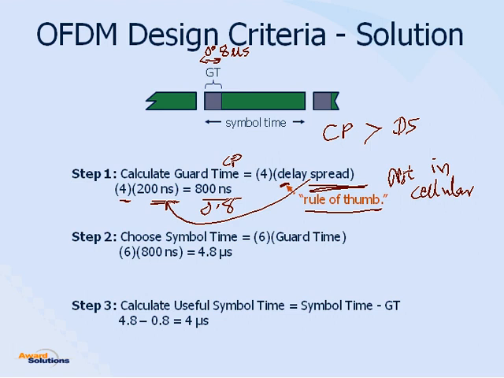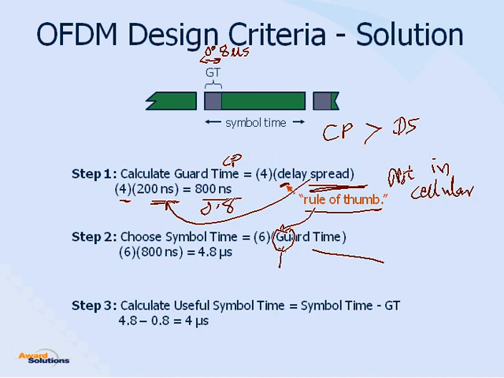We want to make sure that we do not have too much overhead. We should have enough time to send our useful symbol, our modulation symbol. So here again we have a rule of thumb that says maybe 6 times the guard time. That is pretty good time for the actual information. So 6 times the guard time gives us 4.8 microseconds.